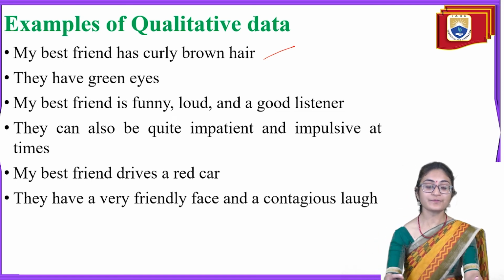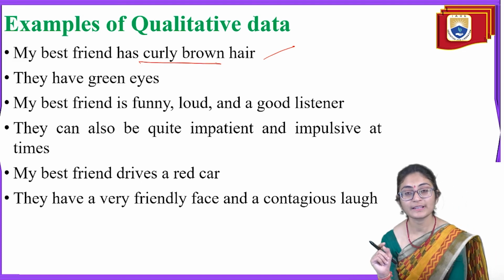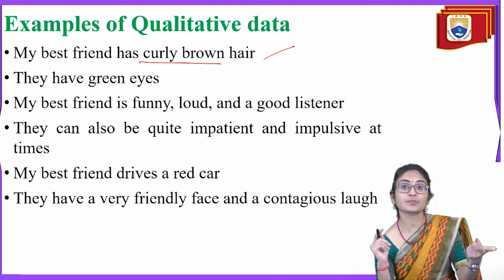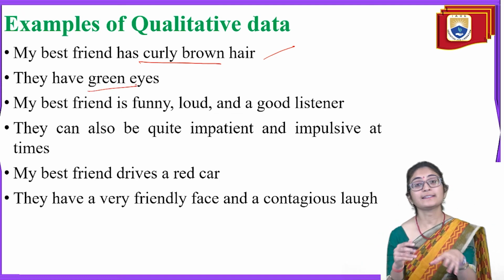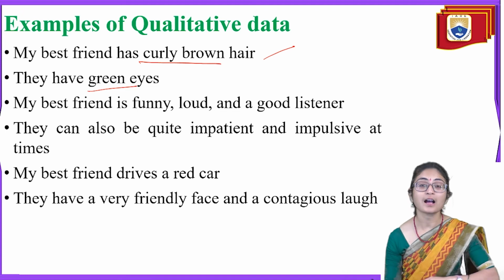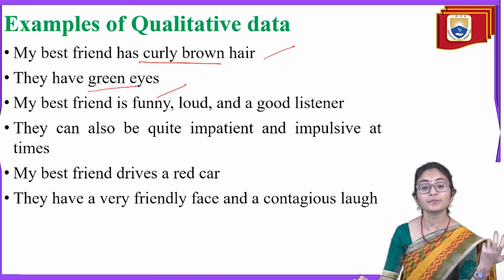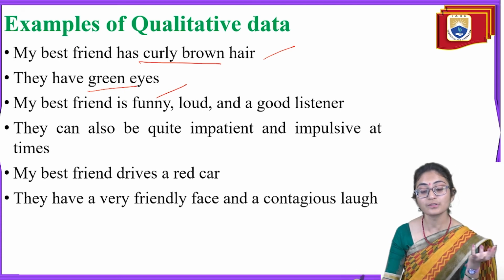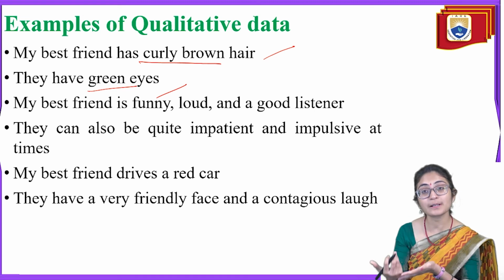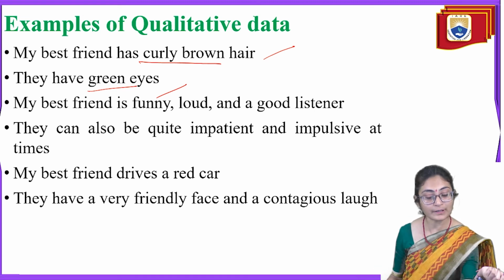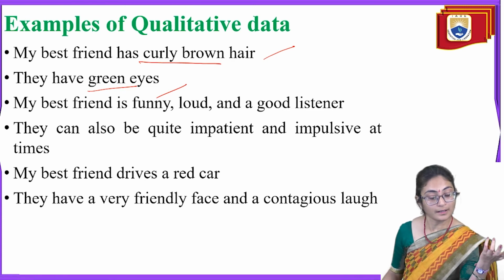For example, in the first example we have seen curly brown, that means it is showing the characteristic of hair. Then green eyes, it's showing about the eyes. Then it's showing about the best friend: funny, loud, good listener. Impatient and impulsive are also characteristics showing about the person.